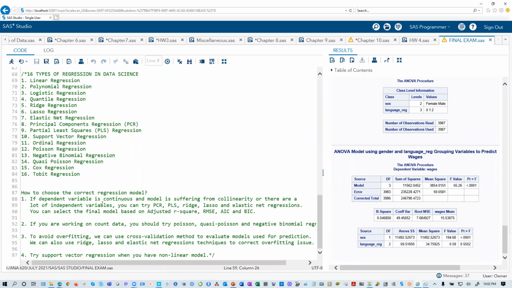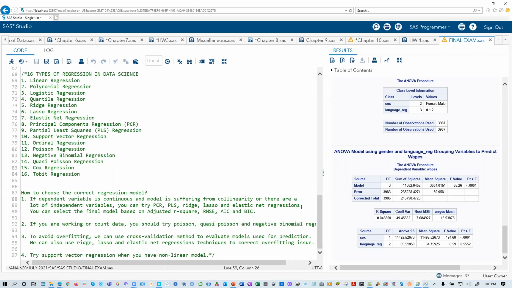If the dependent variable is continuous and the model is suffering from collinearity, meaning there is a correlation among the regressor variables, or there are a lot of independent variables, you can try PCR, PLS, ridge, lasso, and elastic net regression. PLS is partial least square.